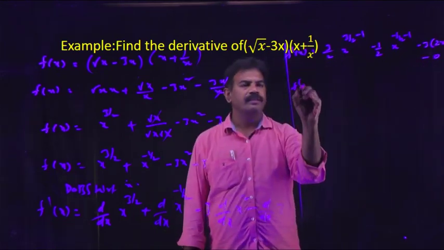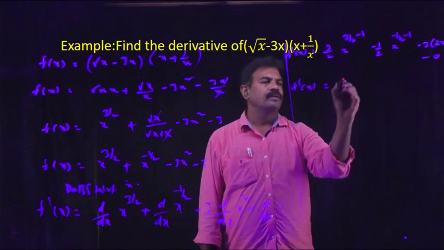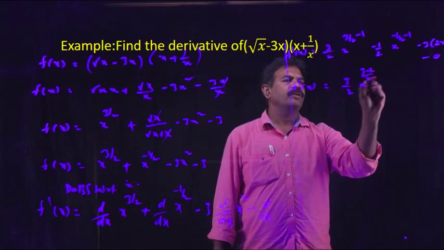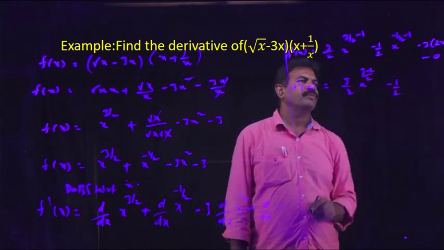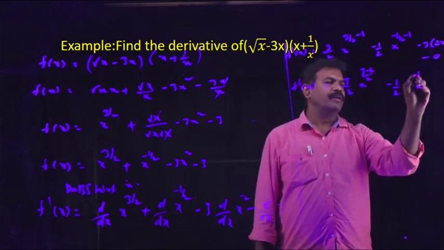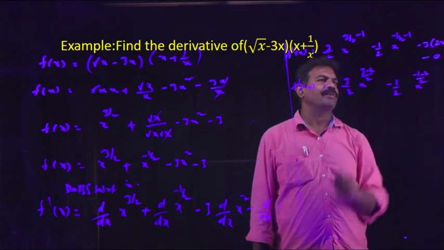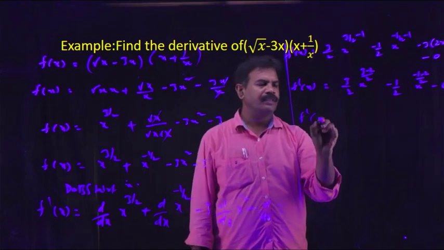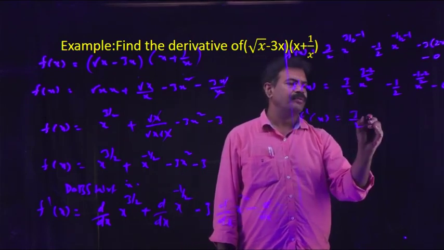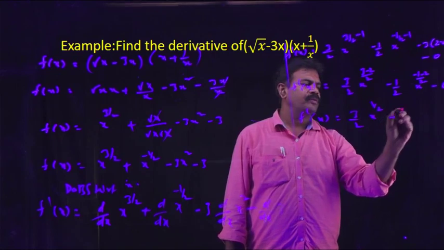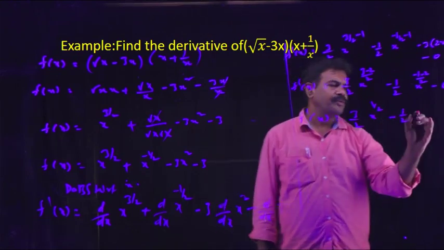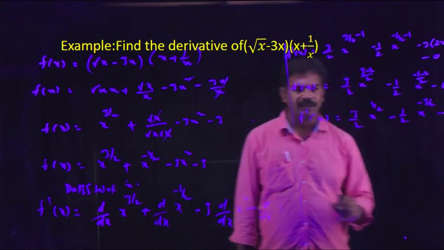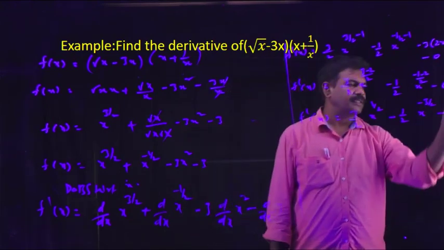So f'(x) = (3/2)·x^((3−2)/2) − (1/2)·x^((−1−2)/2). Take the LCM. It is minus 6x. f'(x) = (3/2)·x^(1/2) − (1/2)·x^(−3/2) − 6x.